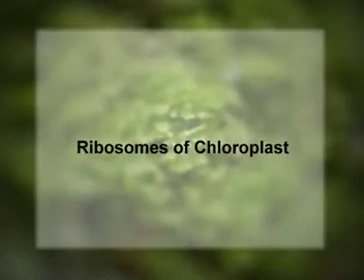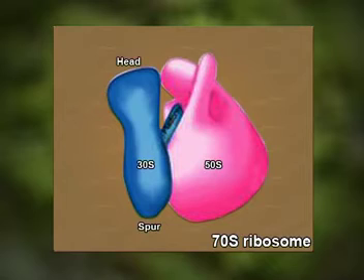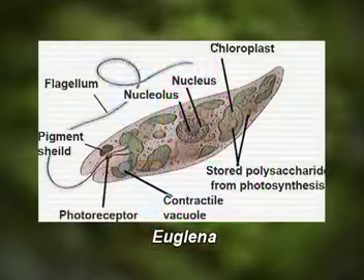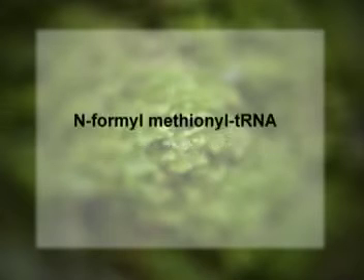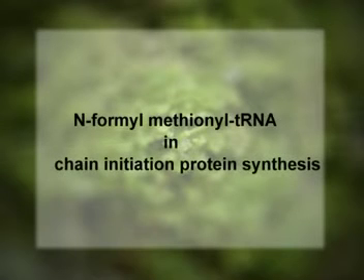The chloroplasts contain 70S-type ribosomes, which account for up to 50% of the total ribosomes in photosynthetic cells. The 70S ribosomes of Euglena chloroplasts are found to require magnesium 2+ for their stability and also have a requirement for N-formyl methionine tRNA in chain initiation of protein synthesis like the bacteria.